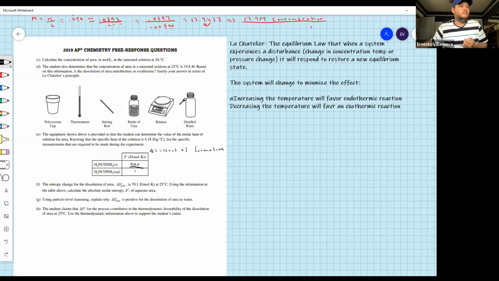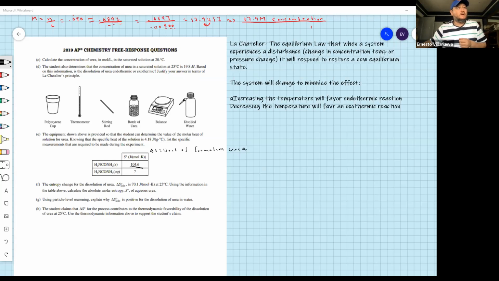All right, for urea. Now, this goes back to when we were doing energy. Do you remember this unit when we were doing energy? Does any of this equipment ring a bell?